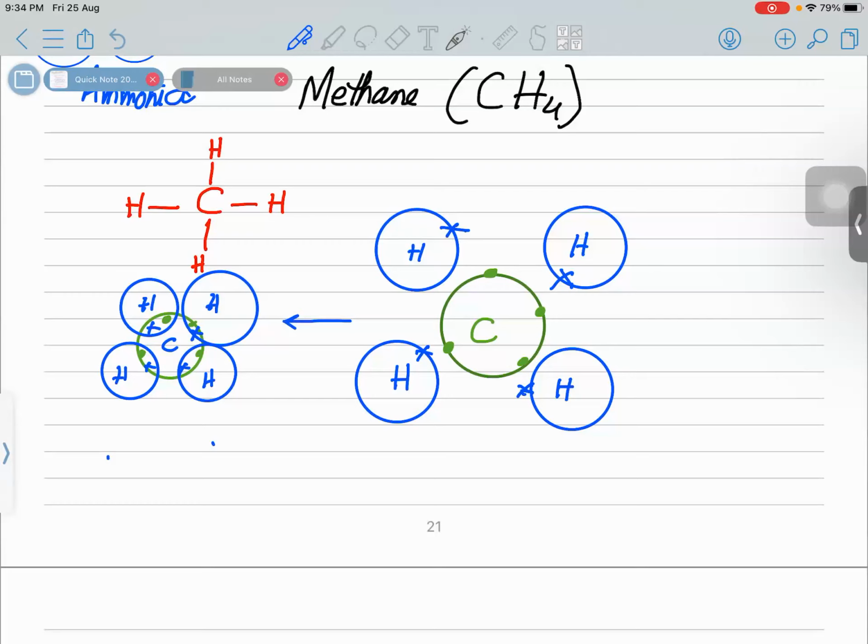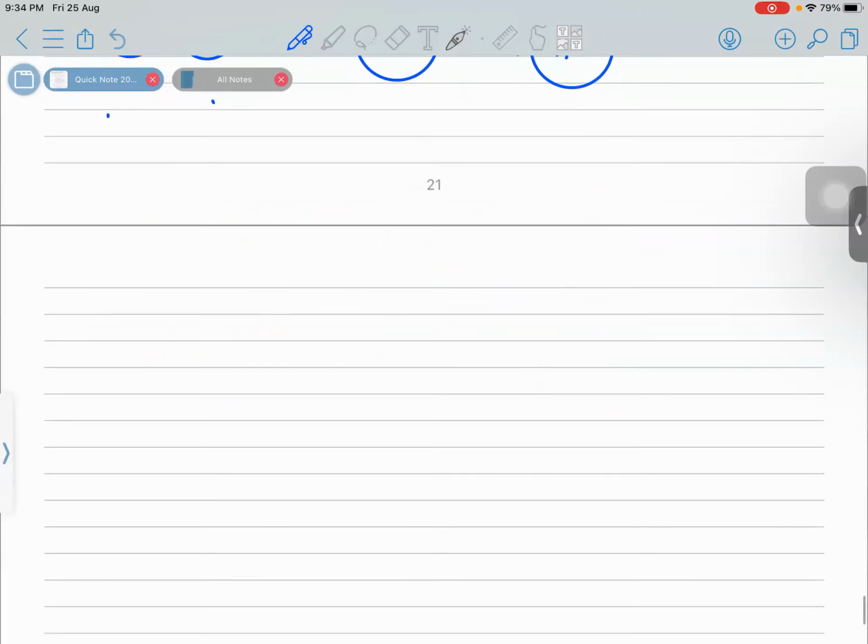Next is properties of simple covalent bonding. Now look at the single, double, and triple bond. So this is hydrogen.